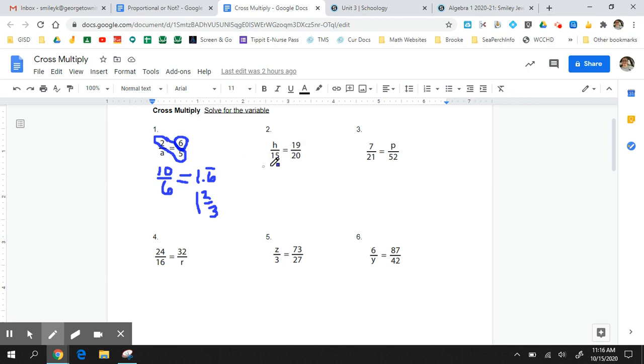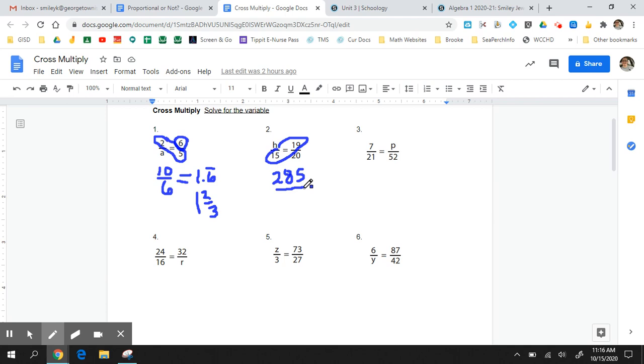So let's look at number 2. Kind of goes the opposite direction. So 15 times 19 is what I'm going to multiply. So I'm going to do that in my calculator real quick. And I get 285. Now, if you're using a yellow calculator, it's going to be easier, or you can use Desmos. You can pull open that.